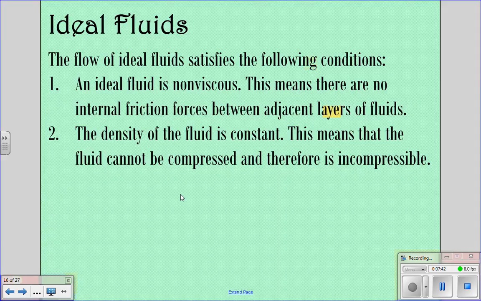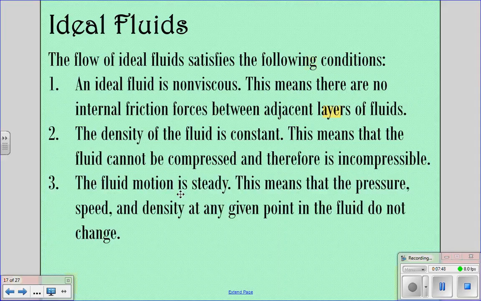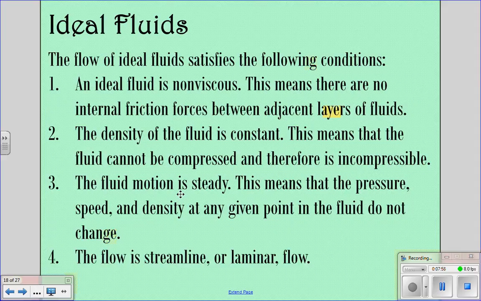This means that the fluid cannot be compressed and therefore is incompressible. Three, the fluid motion is steady. This means that the pressure, speed, and density at any given point in the fluid do not change. And four, the flow is streamlined or laminar flow. So those are the four things that you have for an ideal fluid.